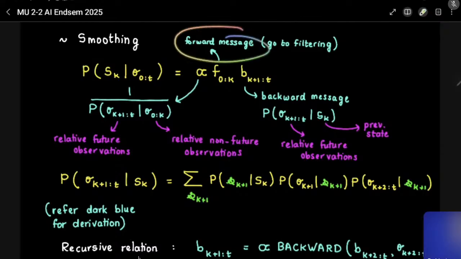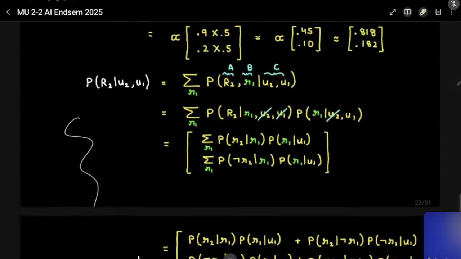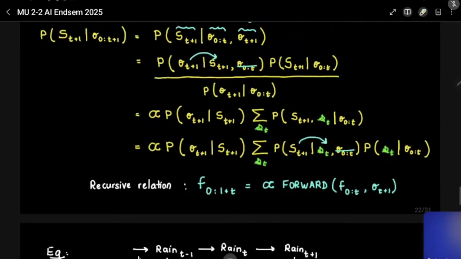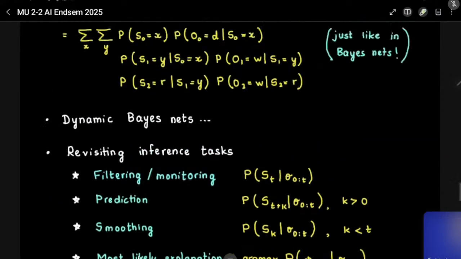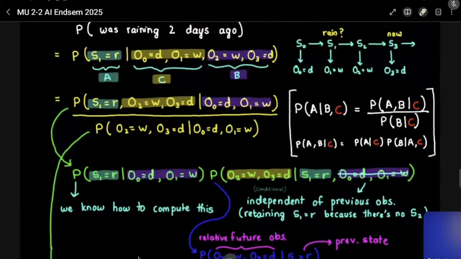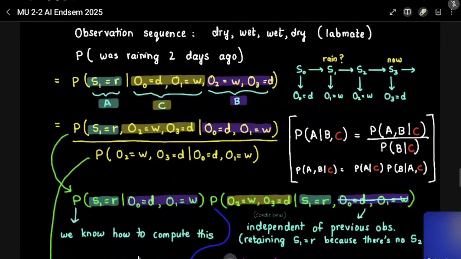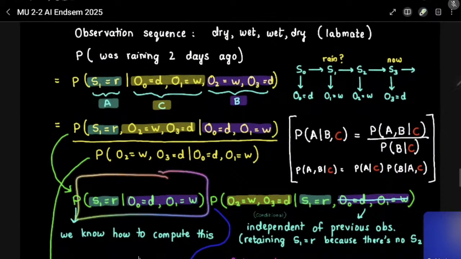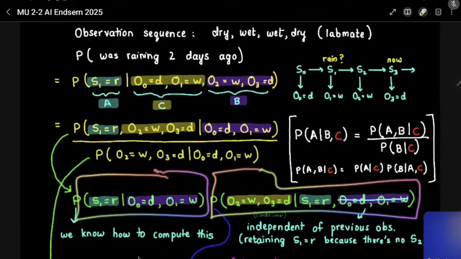This forward message we've already seen in filtering. This was the smoothing problem, no? If you realize, this is nothing but the filtering problem, but until time k. And this is nothing but the backward message. What is the backward message?